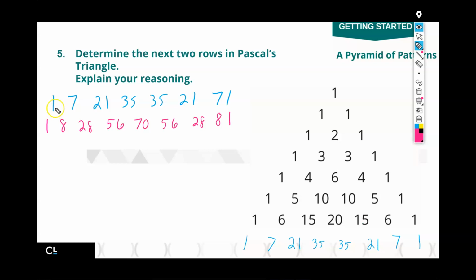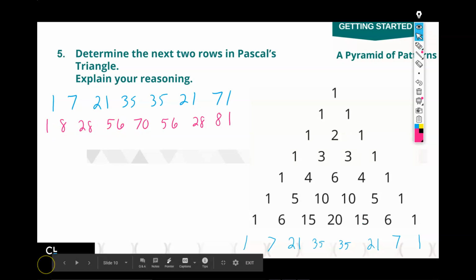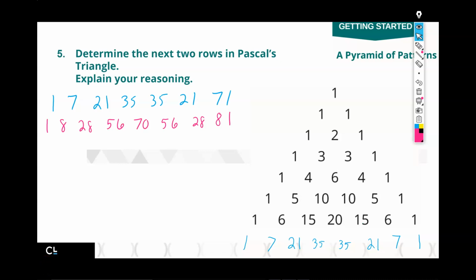So let's see, we had 1, 2, 3, 4, 5, 6, 7, 8 numbers. 1, 2, 3, 4, 5, 6, 7, 8, 9 numbers. Each row begins and ends with 1. All other terms are the sums of the numbers to the immediate left and right of it in the row above.